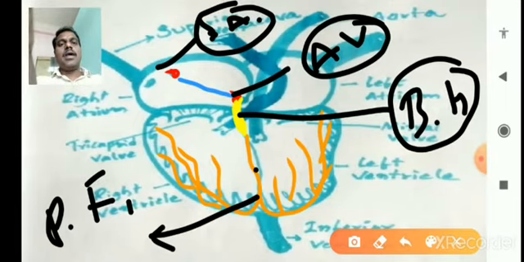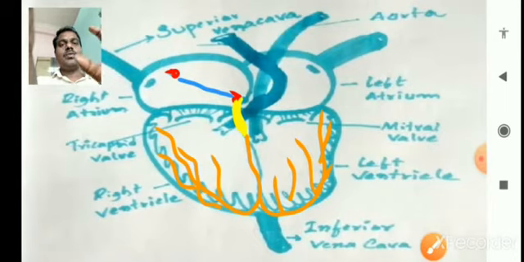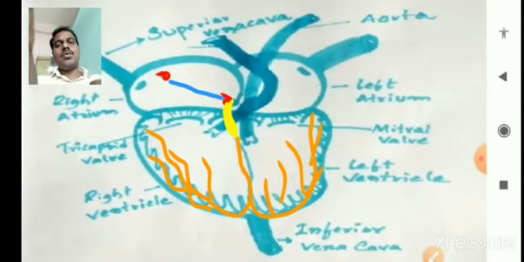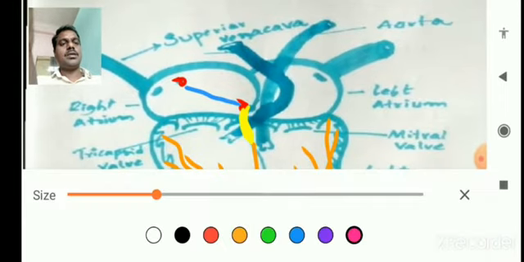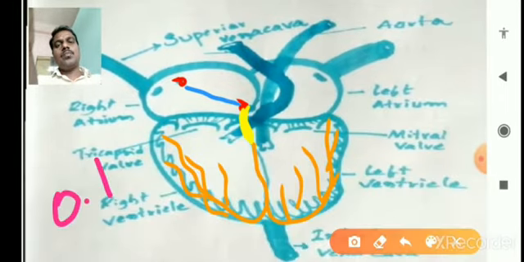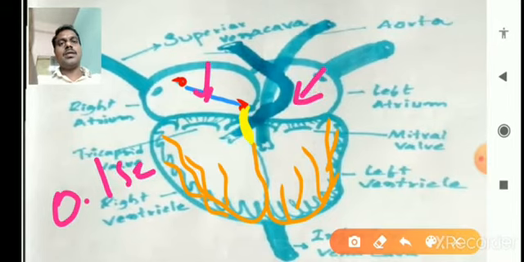So in the atrium, by the SA node, the right atrium and left atrium are going to contract. This contraction takes 0.1 seconds. They are going to contract here, and here. When the right atrium and left atrium contract, their size decreases.